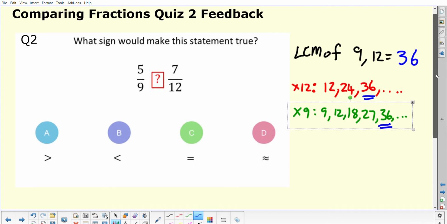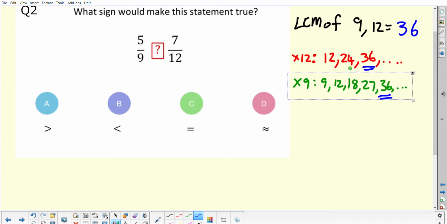So we want to change both of these fractions into something out of 36, and that will allow us then to compare them. So 5 over 9 changed into something over 36, so hopefully you know that you're timesing by 4. Top and bottom, that would mean that the number in here needs to be 20.